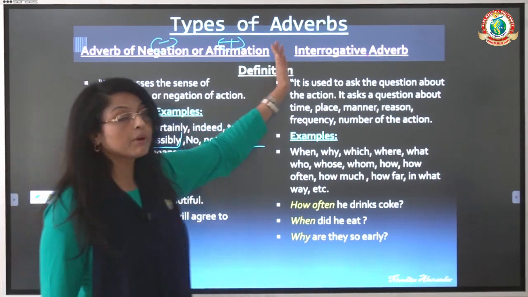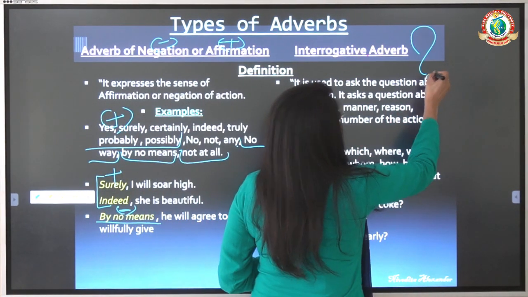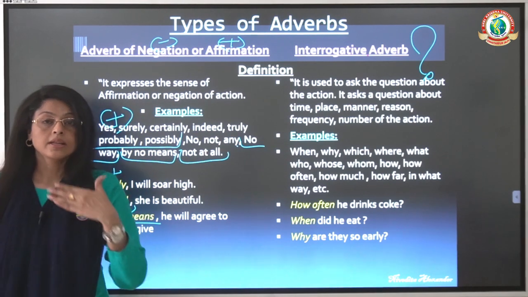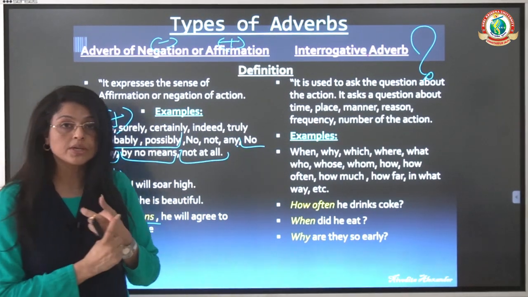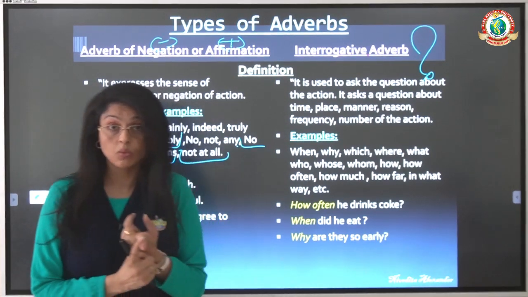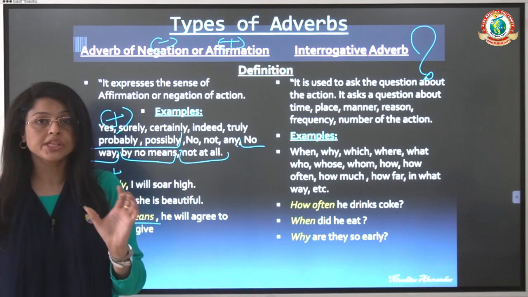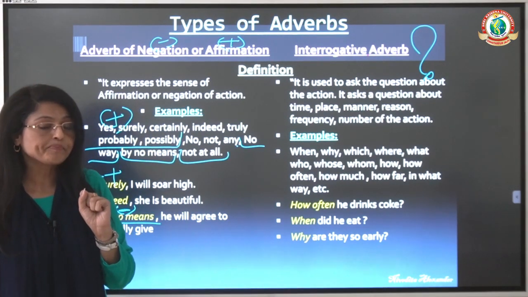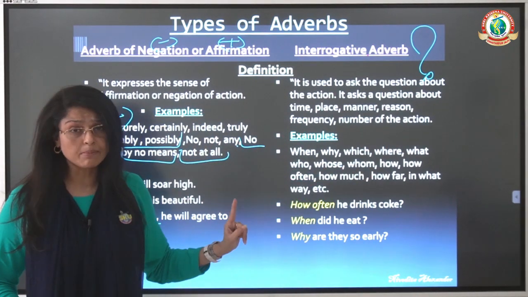Now, interrogative. As I always told you, the word interrogation means questions. The question can be asked in two ways: WH questions, WH words, and by putting the auxiliary verb in front of a subject.